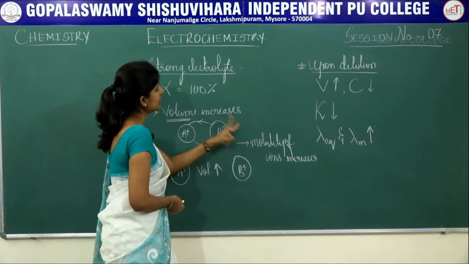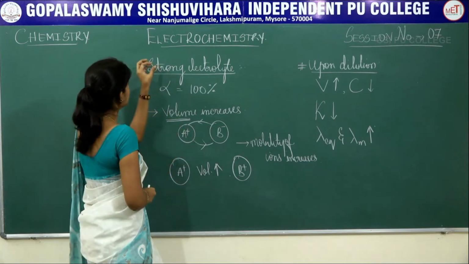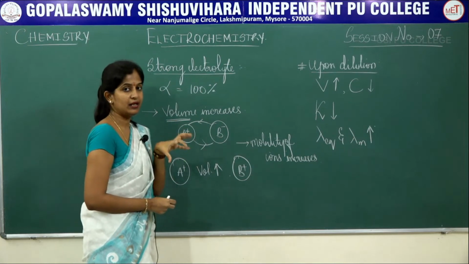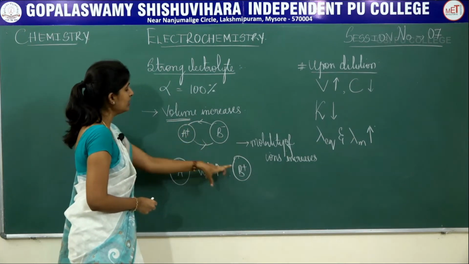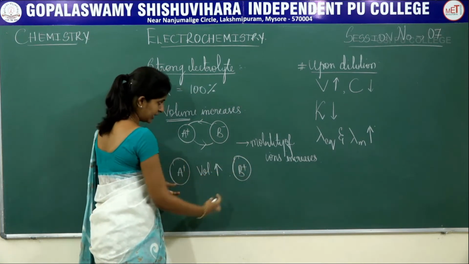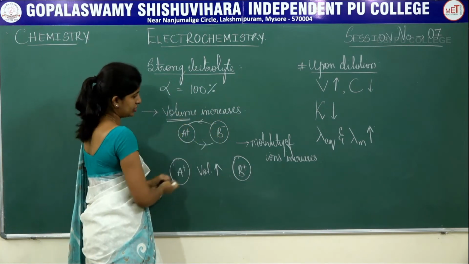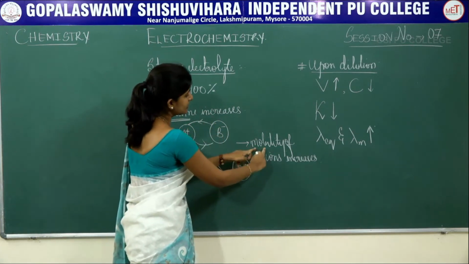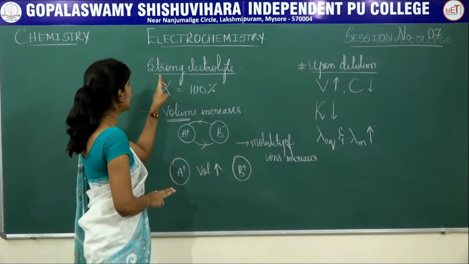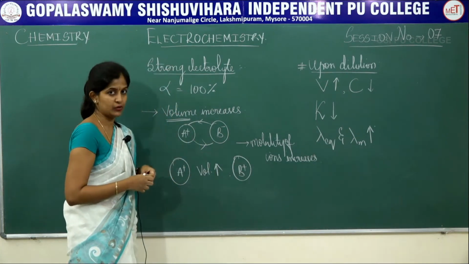Using these two things, I can describe that the strong electrolyte also increases its conductance upon dilution. One is the lower interaction between the ions, which are present at higher concentration. The other is that the mobility of the ions also increases. Due to these two things, the conductance of a strong electrolyte also increases with dilution.